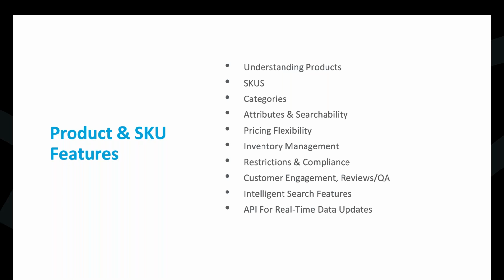Another area where the SpinMarket store shines is restrictions and compliance. Some products require special handling, and SpinMarket handles those scenarios too. SKUs can include restrictions such as hazardous material fees, oversized or heavy item surcharges, and some items will have age restrictions that require customer confirmation that they're over a certain age.